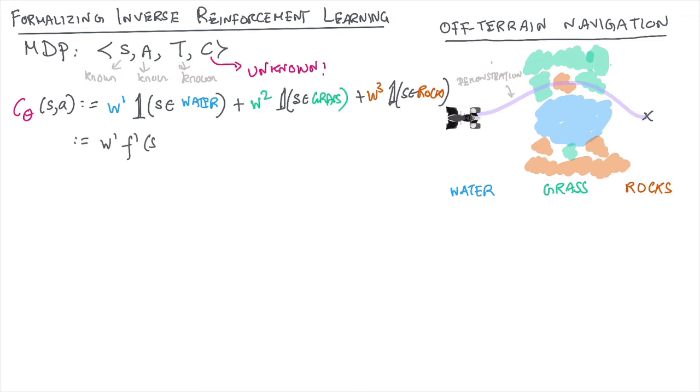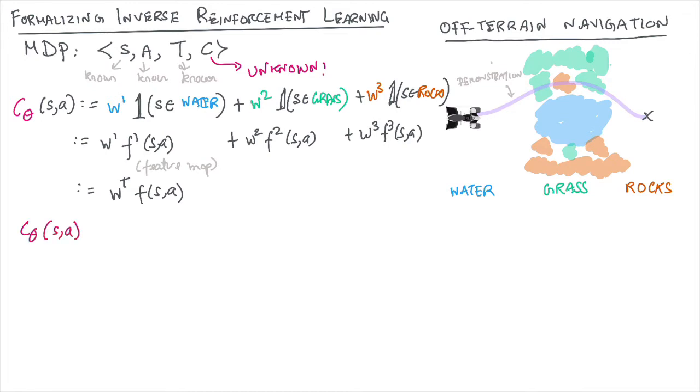More generally, you can think of each of these indicator functions as being a feature function that maps state and action to features. And compactly, we can write the cost function as W transpose times F. Now, given that we have a cost function, we can typically call a planner that solves for a minimum cost trajectory.